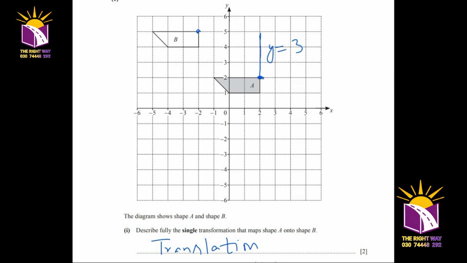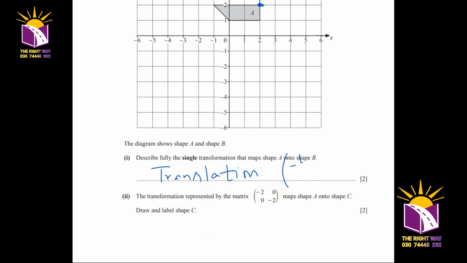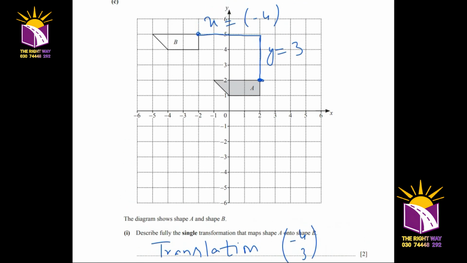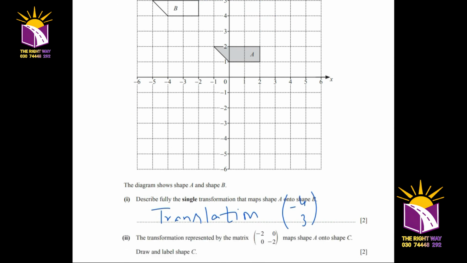On the x-axis I have to move 1, 2, 3, 4 times. So x is equal to minus 4 because it moves toward the negative x-axis. So the matrix will be minus 4 and plus 3. For the x-axis it is minus 4, and for the y-axis it is plus 3. So our translation is minus 4 and 3.